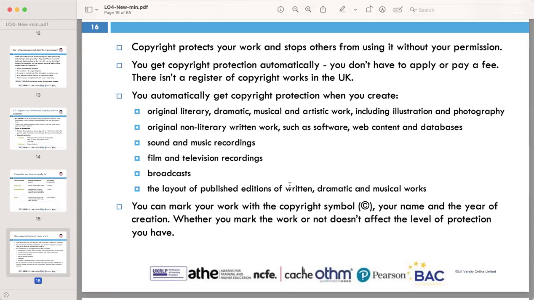It is optional to mark your work with the copyright symbol, your name, and the year of creation, as this does not affect the level of protection.